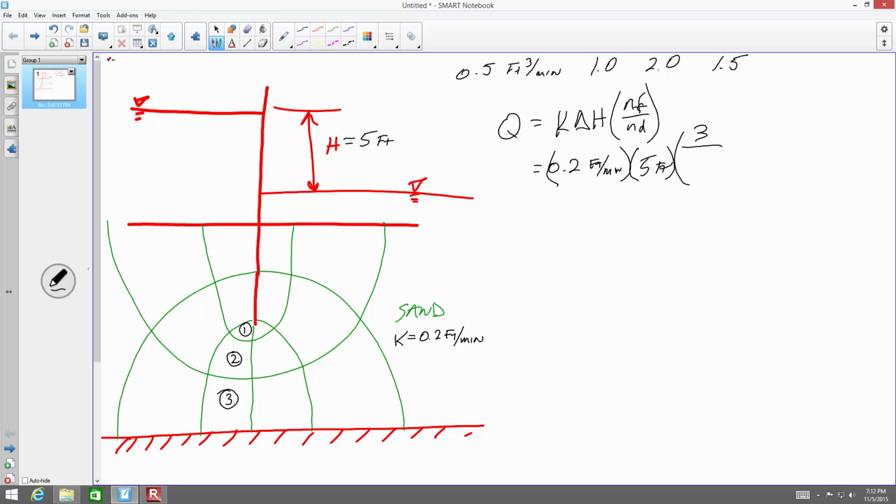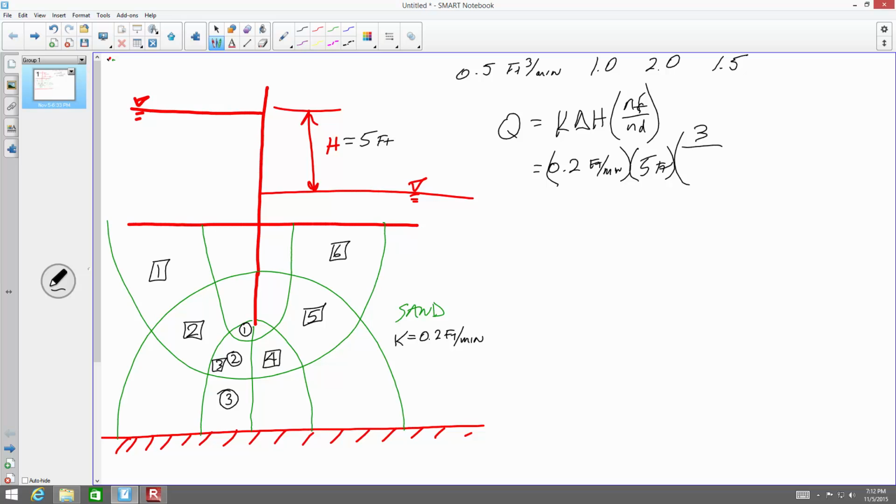How many equal potential drops do I have? Here again, I try to pick a center flow channel and do my counting. So you got 1, 2, 3, 4, 5, 6. So I got 6 equal drops of pressure through there.